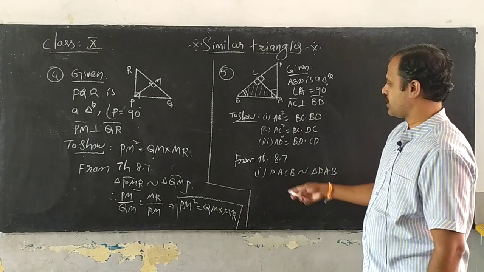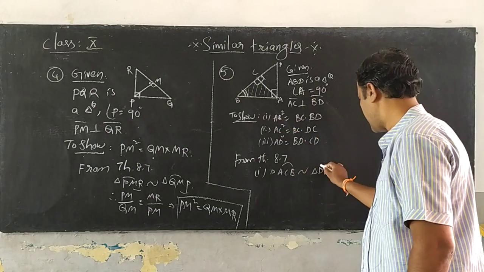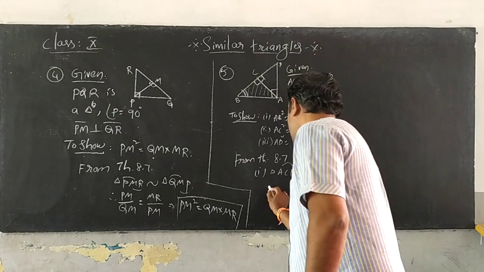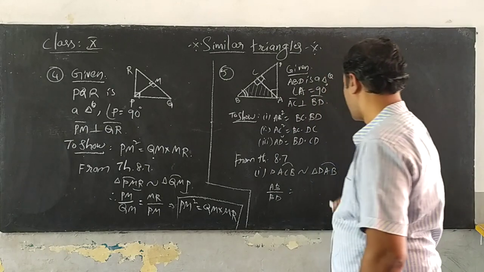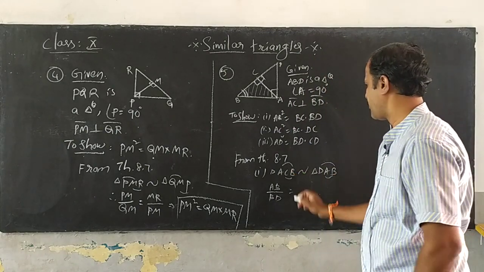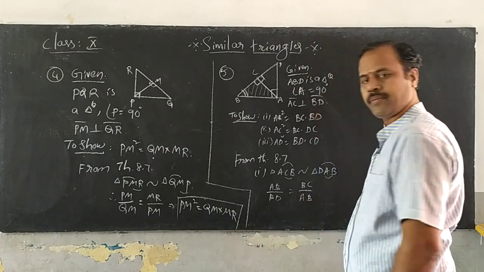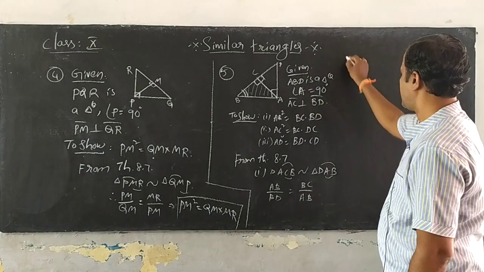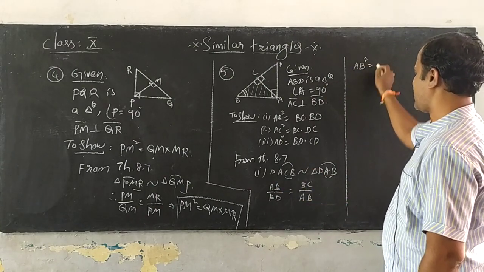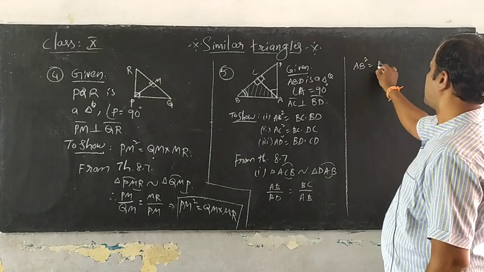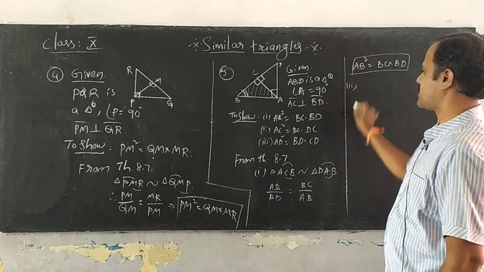Equating, AB by BD is equal to BC by AB. Cross multiplication: AB into AB, you get AB square is equal to BC into BD. Is it clear?